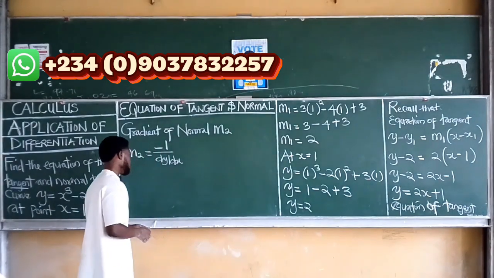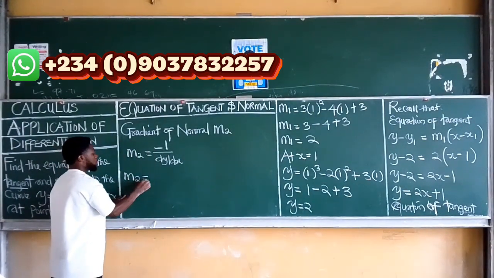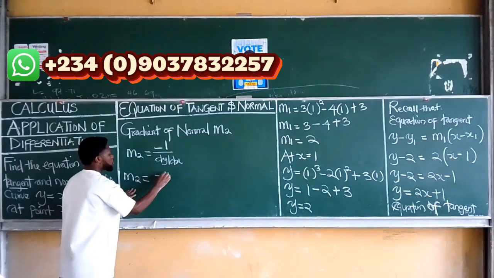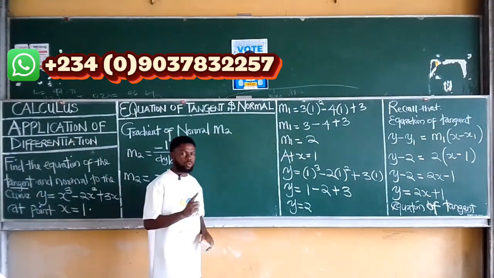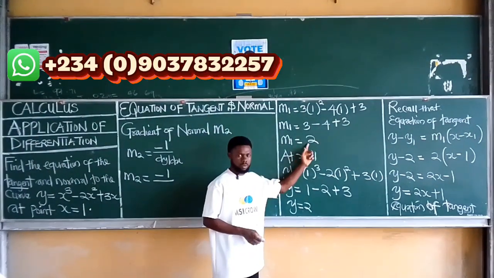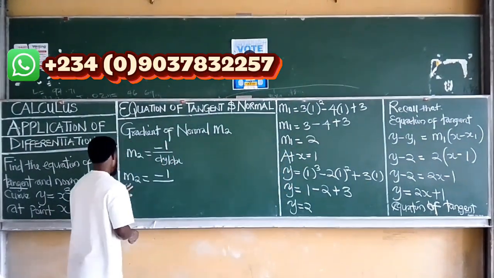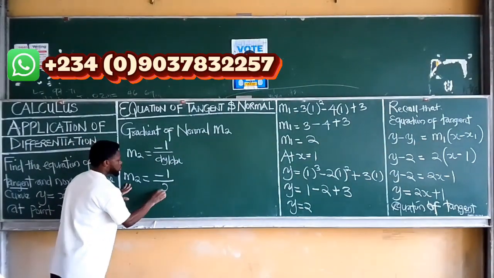Since that is so, M2 will equal minus 1 over 2, because dy over dx gave us 2. That means M2 is equal to minus 1 over 2.